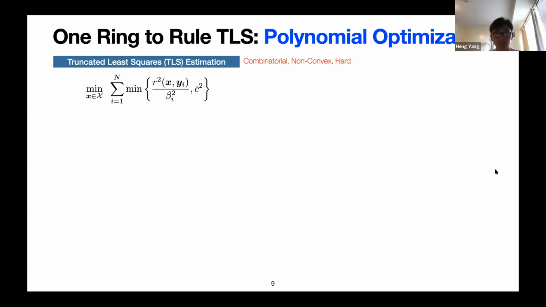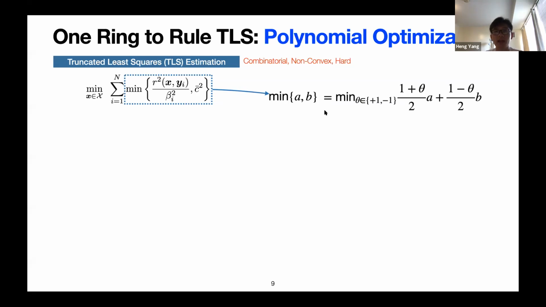This TLS estimation framework, as written here, is combinatorial, non-convex, and hard. We're going to take a closer look at this inner minimization, and we realize that it is nothing but a minimization of two scalars, a and b. The a is just the residual divided by beta_i squared, and the b is just c-bar squared.